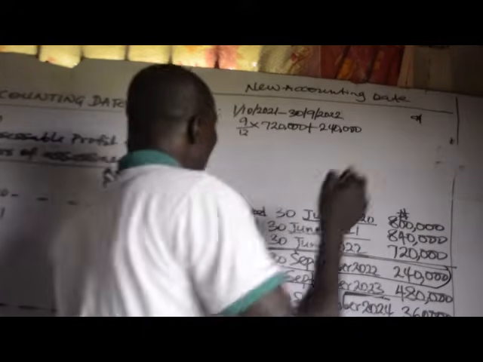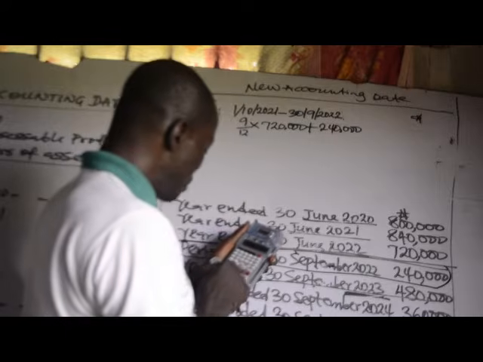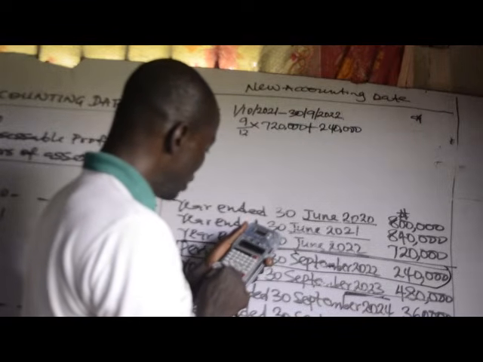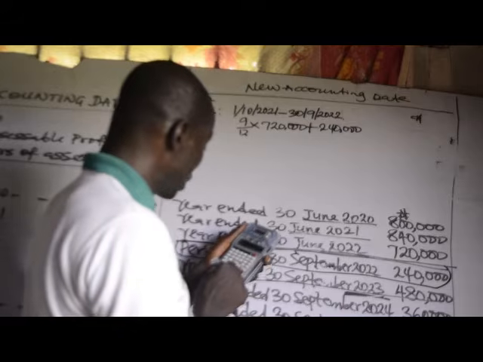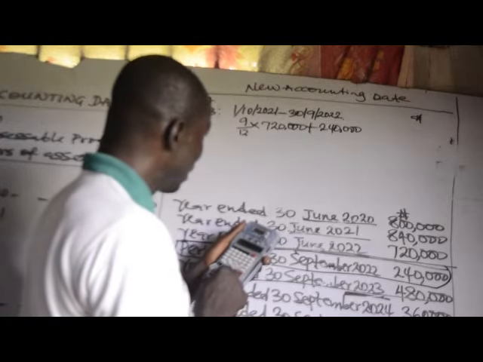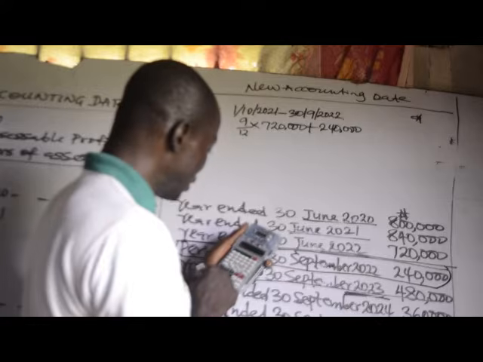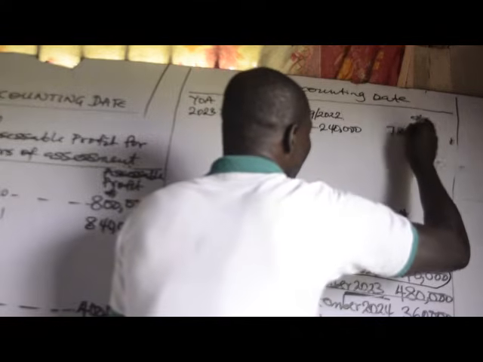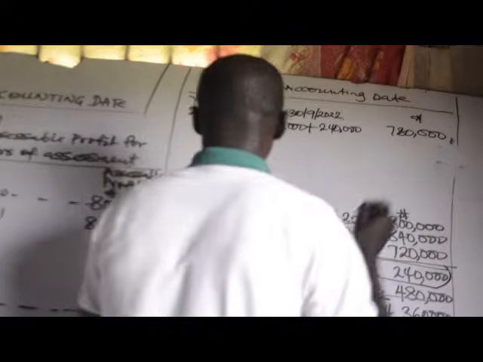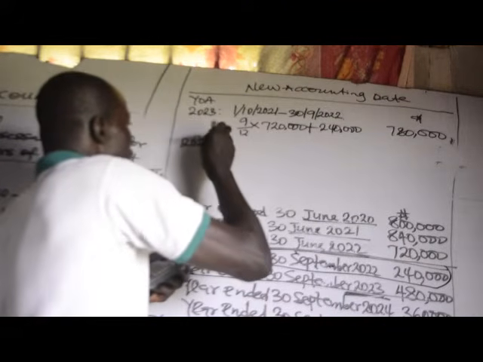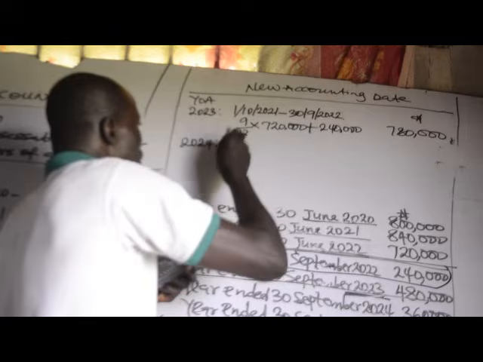So let's calculate the assessable profit: 9 months profit from the 12 months is 720,000 times 9 divided by 12, which gives us 540,000. 540,000 plus 240,000 is a total of 780,000.